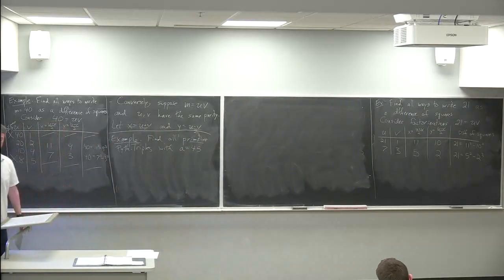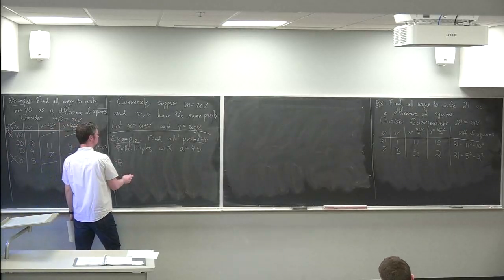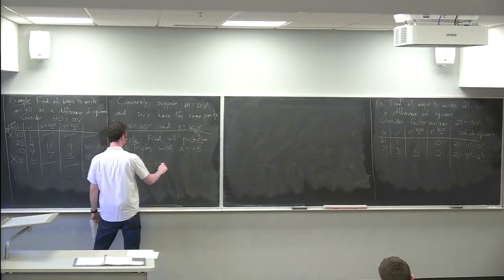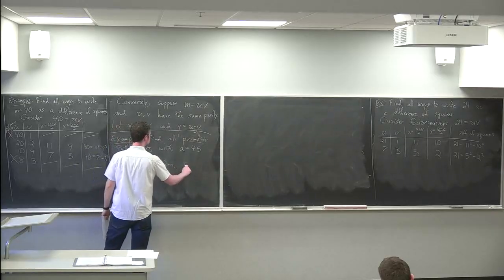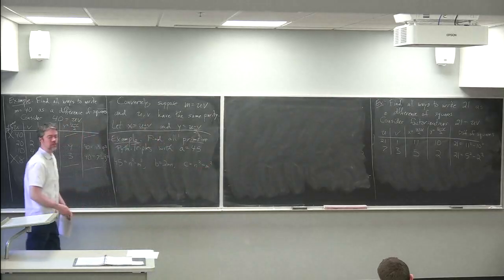So the A of the Pythagorean triple is 45. So we're going to have 45. 45 is supposed to be n squared minus m squared, and B is supposed to be 2mn, and C is supposed to be n squared plus m squared.